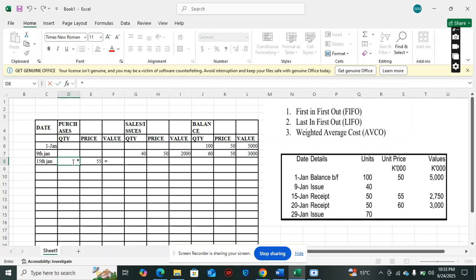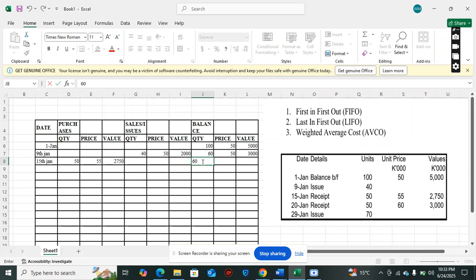Let's see if it's responding better now. 50 times 55 is 2,750. Now, colleagues, every time there is a purchase or a receipt, you need to separate your inventory.